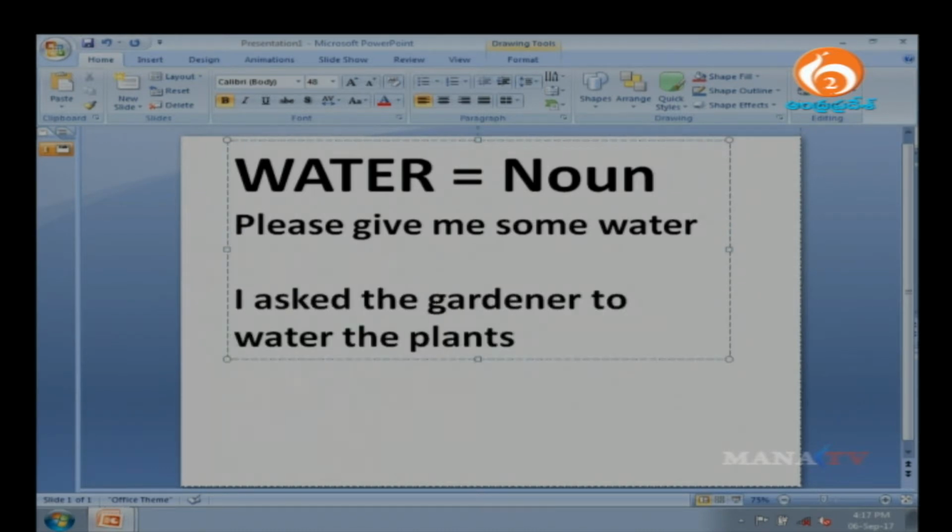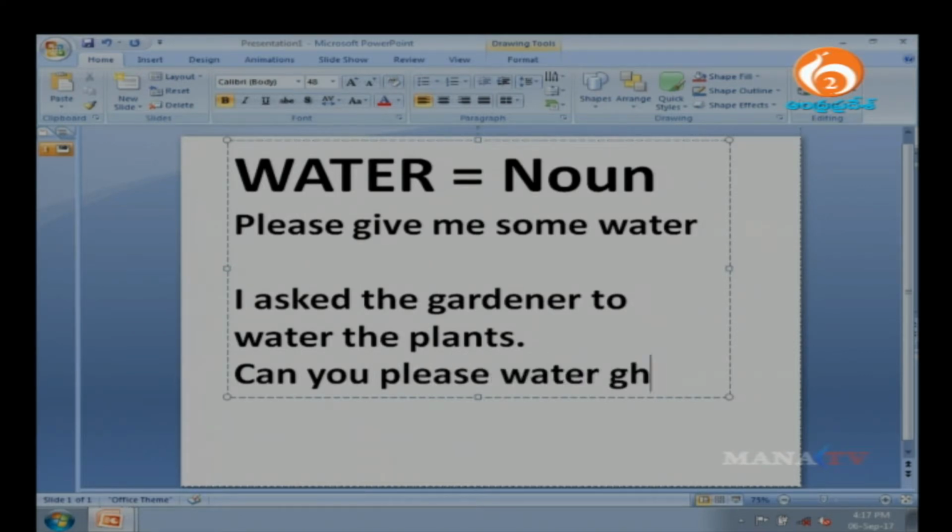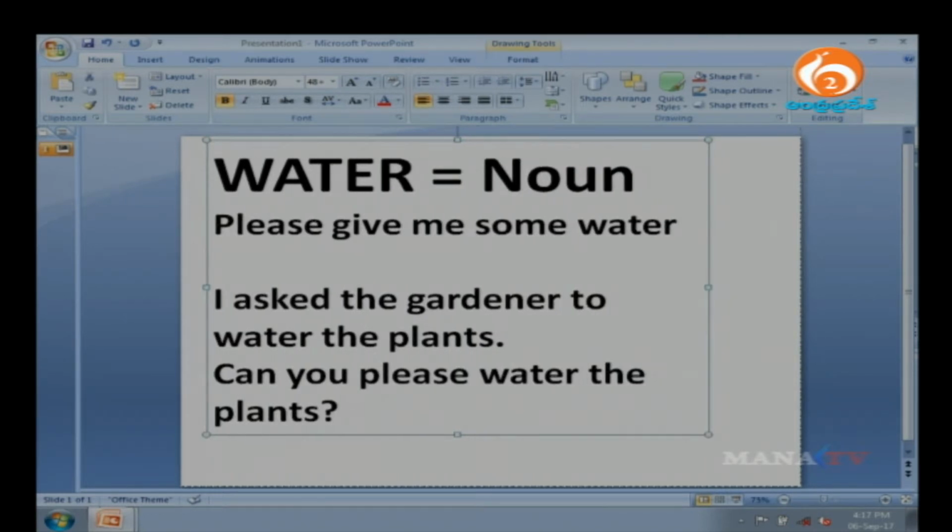It says, I asked the gardener to water the plants, or can you please water the plants? The first one is a statement, the second one is a question. Now, what exactly is happening in this case? When I'm using the sentence marked in red, the word water is a noun.